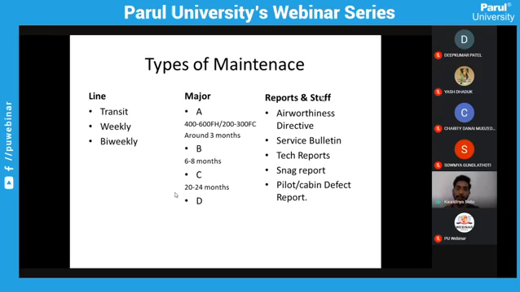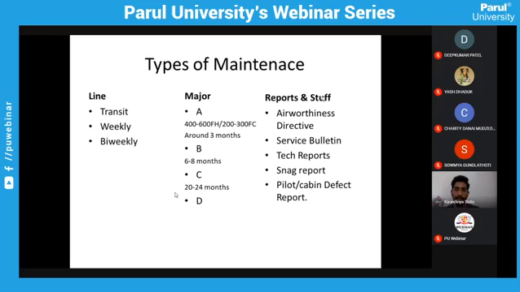So he will make a report and send it to the governing body or the manufacturer, depending on the type of topic, and these are called tech reports. They will say that there is an issue in a certain component. Check it, change the version of it if needed, or send us preventive measures for it. So these will go back and forth for discussion, and it will come back. Those are technical reports.